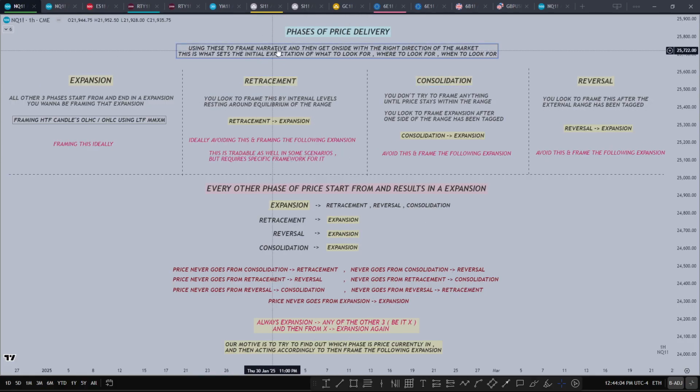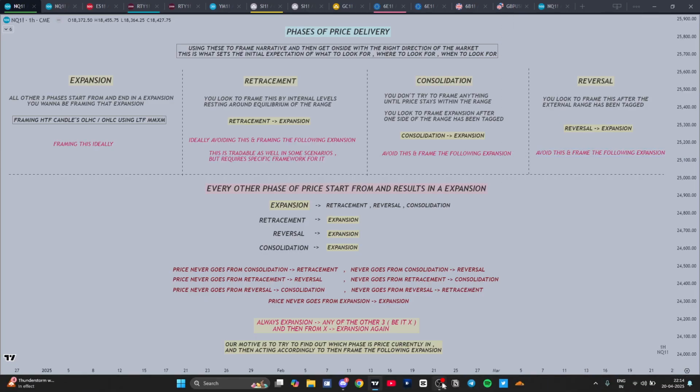After the narrative is set, bullish or bearish, getting on side with the right direction, it gives us the expectation of what to look for, where to look for, and when to look for, like a specific protocol for every phase.